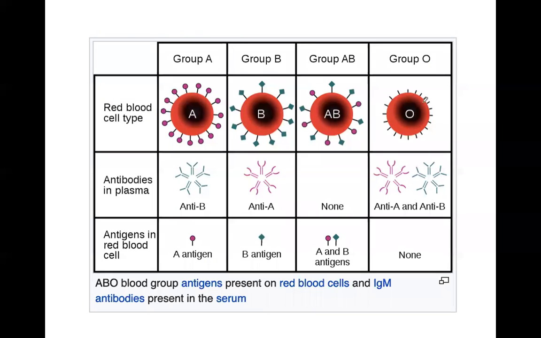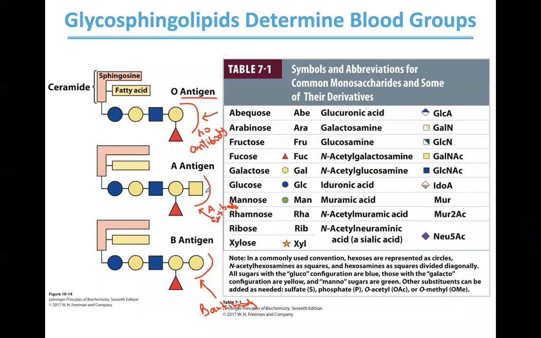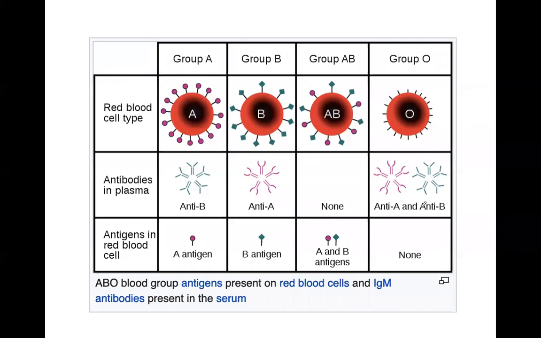So again, let's start with the end. Let's say group O, right? So you have no antigens. Why? You have no antigens because you do not have N-acetyl galactosamine, and you do not have galactose. And so if you have no antigens, you can give your blood to anybody.